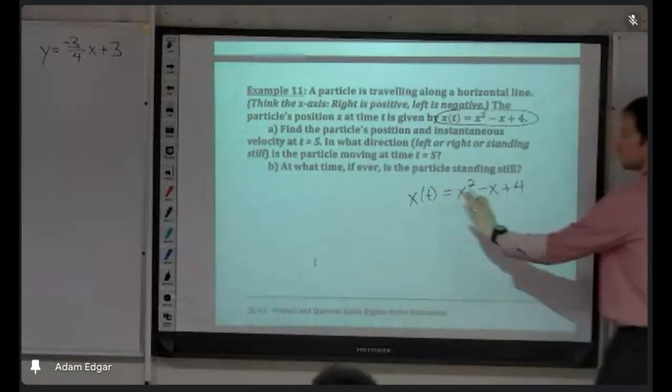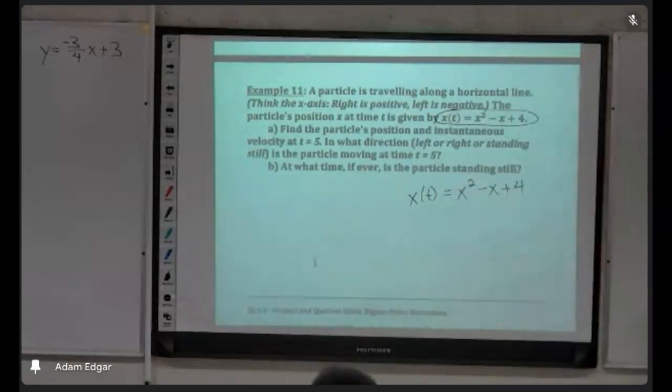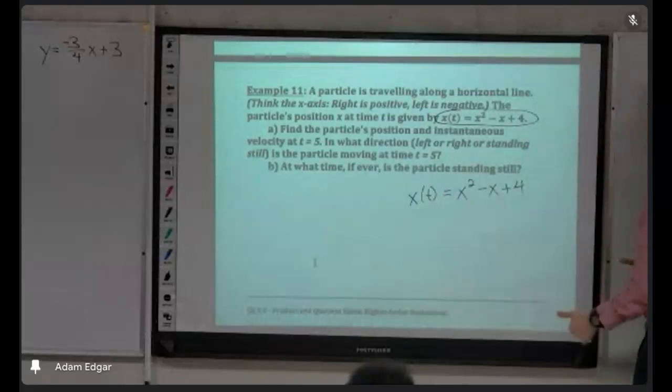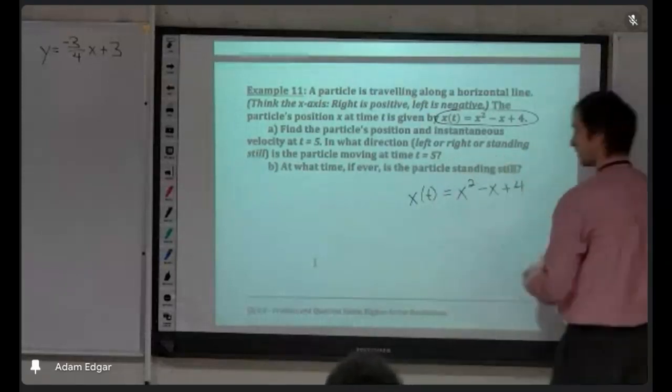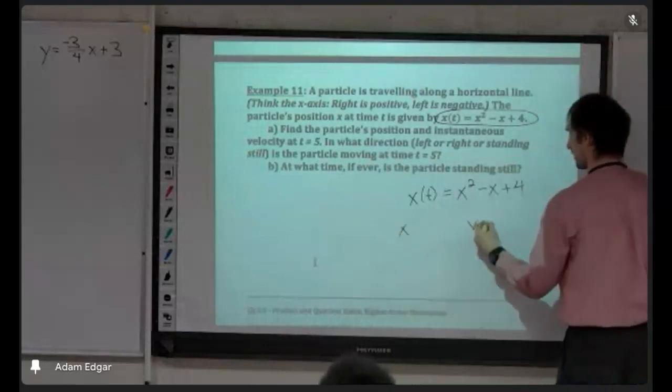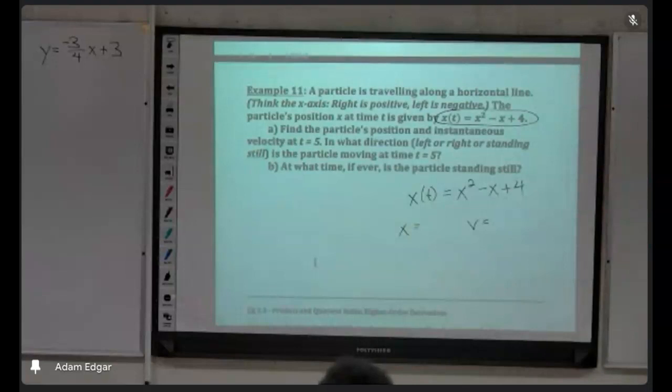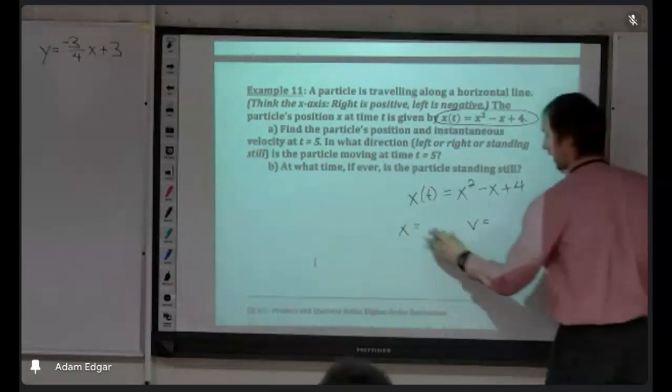We want to know what is the position at time equals 5 and what is the velocity at time equals 5. So you're going to find two things for me. Label position x and velocity v. Go ahead and find those two pieces of information at time equals 5.